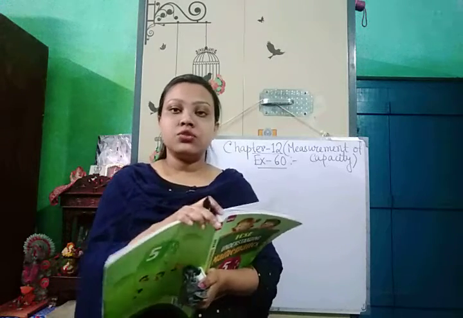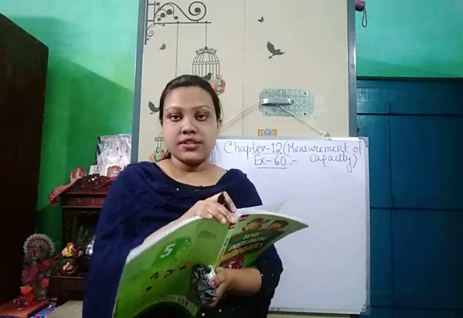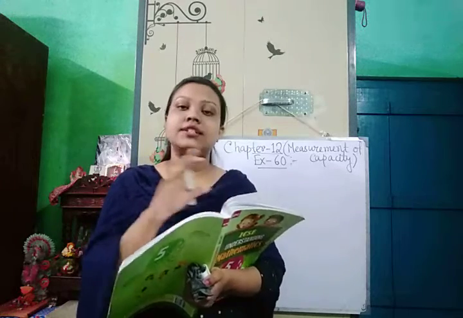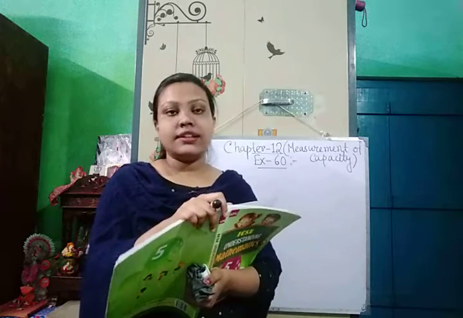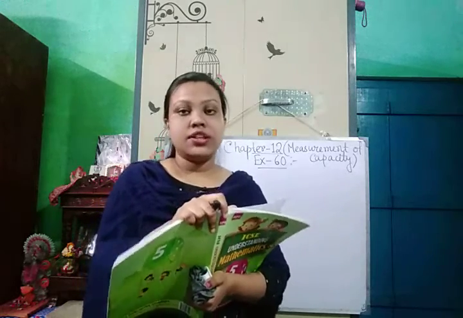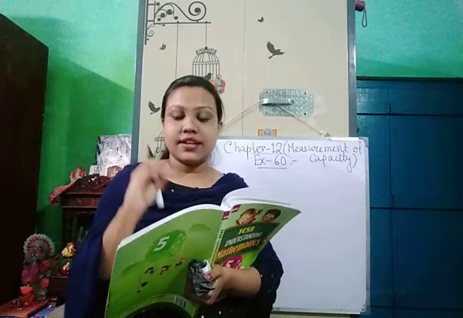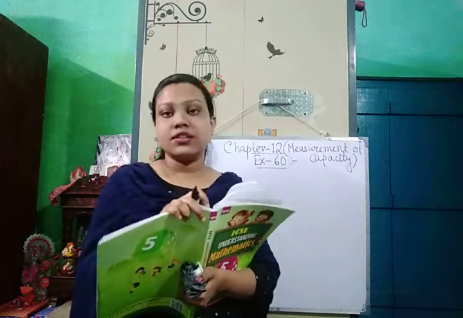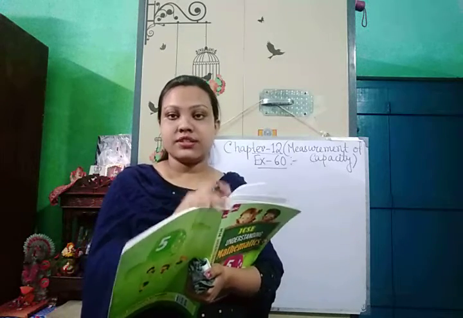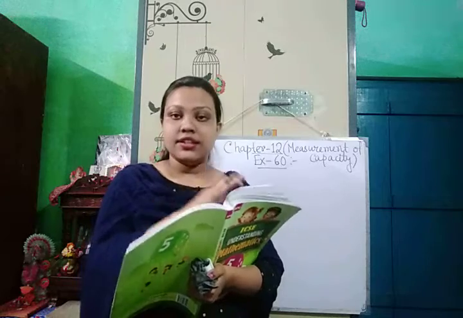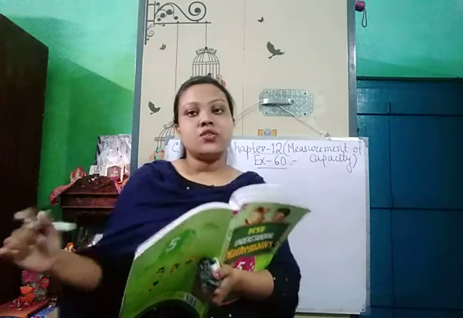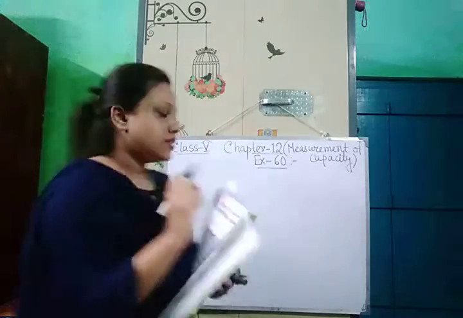We usually use two units, milliliter and liter, in measuring the capacity of liquids. So in this exercise, we will learn the conversion of these two units, ml and liter. Okay, so what conversions will we need?